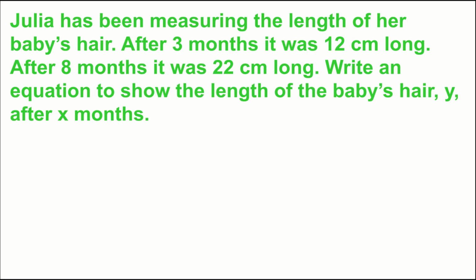So to do that, we need ordered pairs first. Okay? What's it tell us x is equal to in this equation, or in the word problem? Months. X is months. And I said time is often an x value.